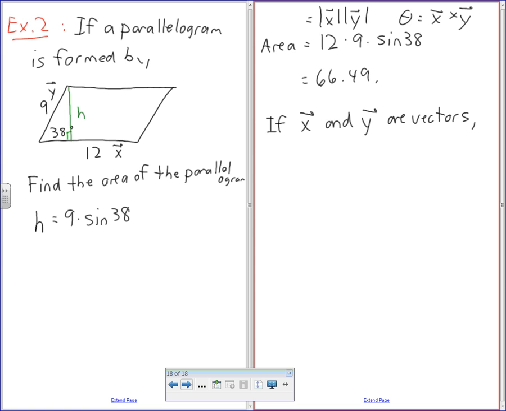Thank you. How did you change it to x and y from 9 sine 38? Oh, I just called this x and I just called that y. So 12 is x, I make it the general case here, and 9 is y. So the area of a parallelogram, that's what it's saying, equals the magnitude of x cross y.